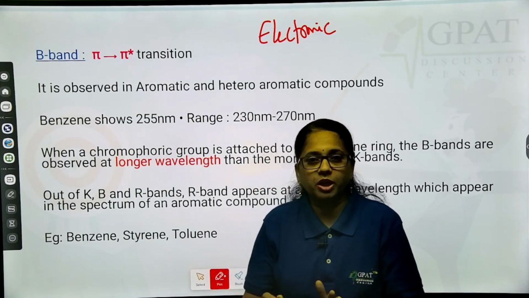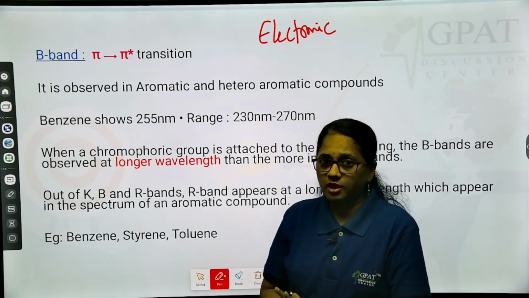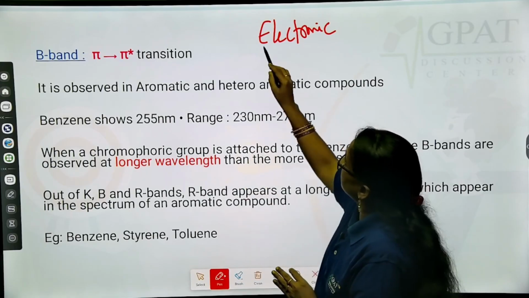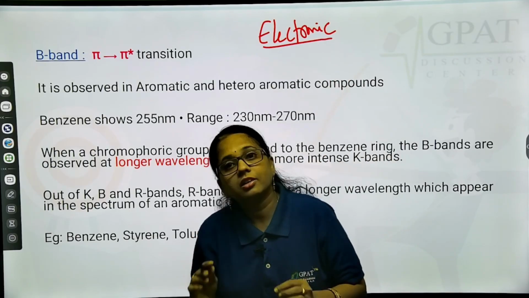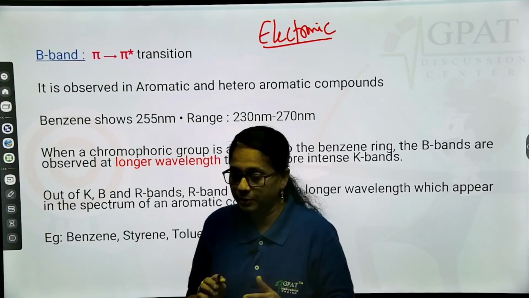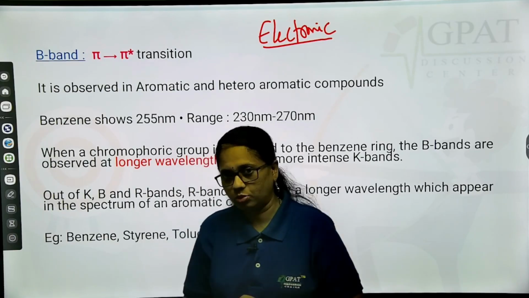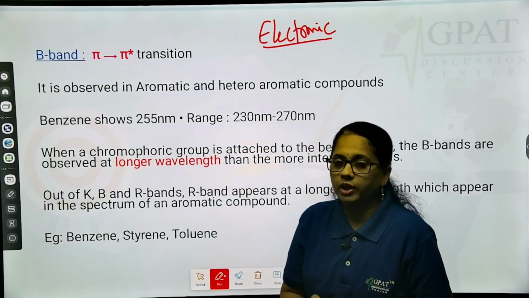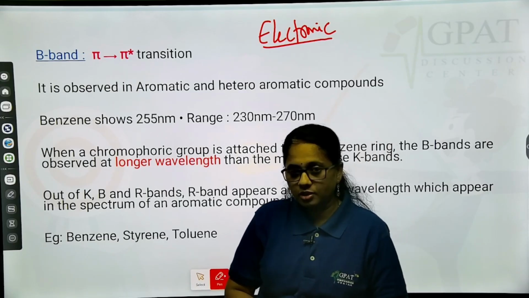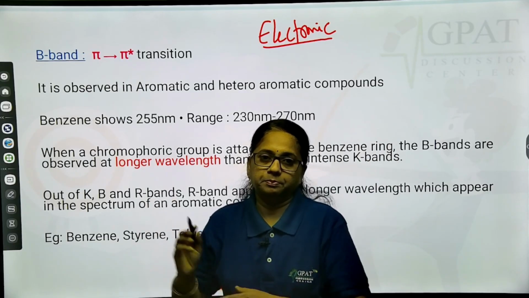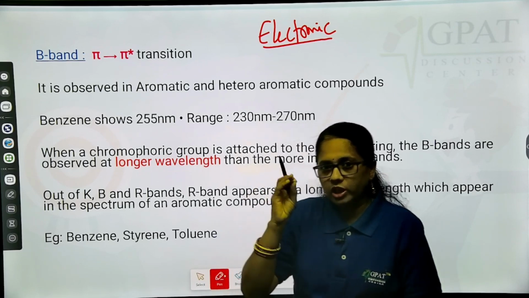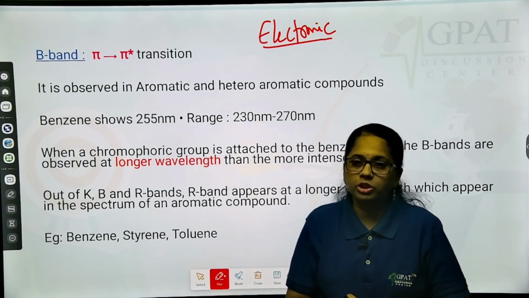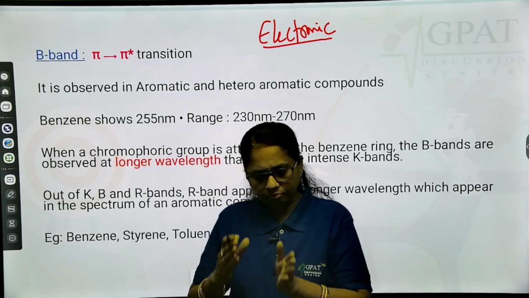UV absorption is majorly causing the energy changes at the electronic level, but still there are energy levels related to the vibrational and rotational energies also. So due to that, we are going to get these absorption bands. Only at the electronic level alone would you get the peaks.